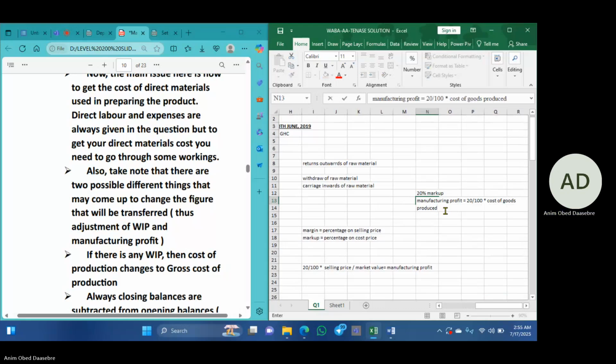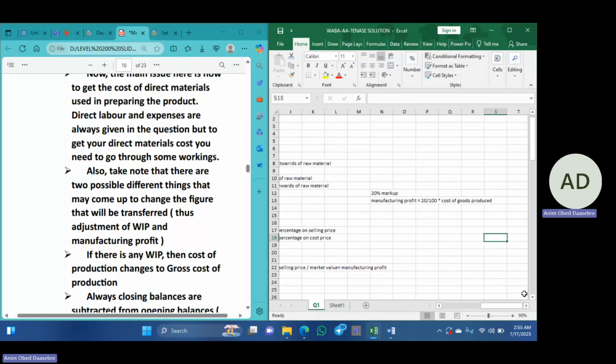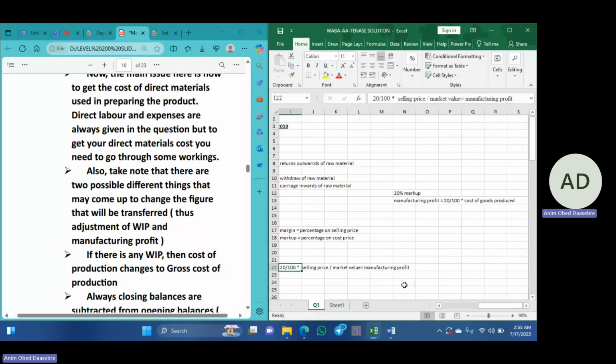Now, this is how you compute manufacturing profits. When they give you a markup, you apply the markup on the cost of goods produced. But if they give you a margin, then they will give you the selling price figure.